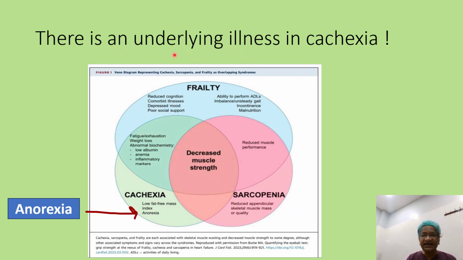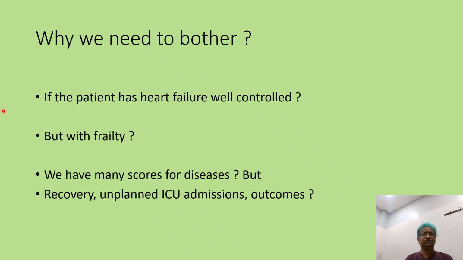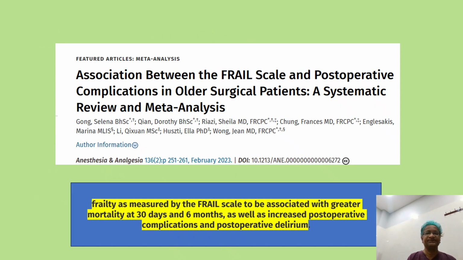So there is an underlying illness in cachexia. If the patient has well-controlled heart failure but frailty, they may not have good recovery. They may have unplanned ICU admissions. Outcomes may be poor. This is what we need to bother about in these patients.